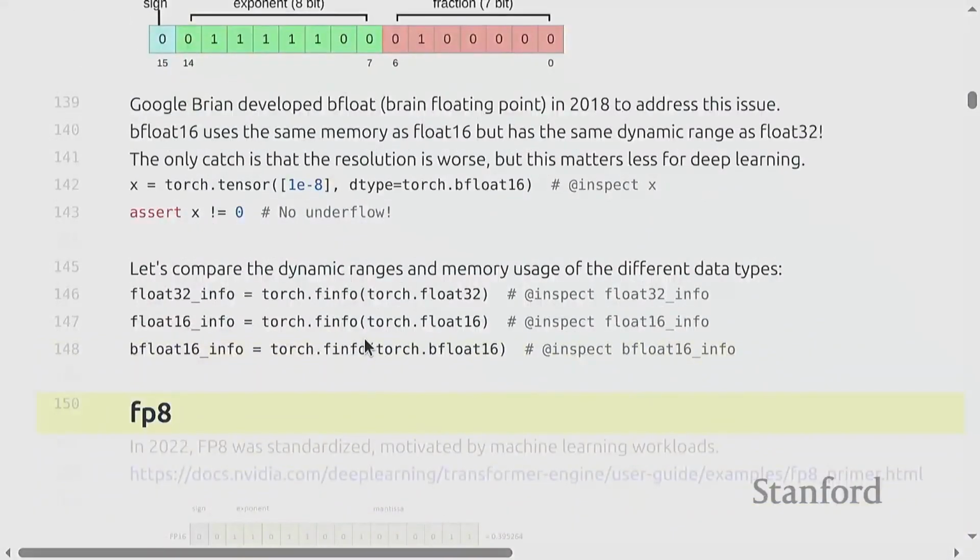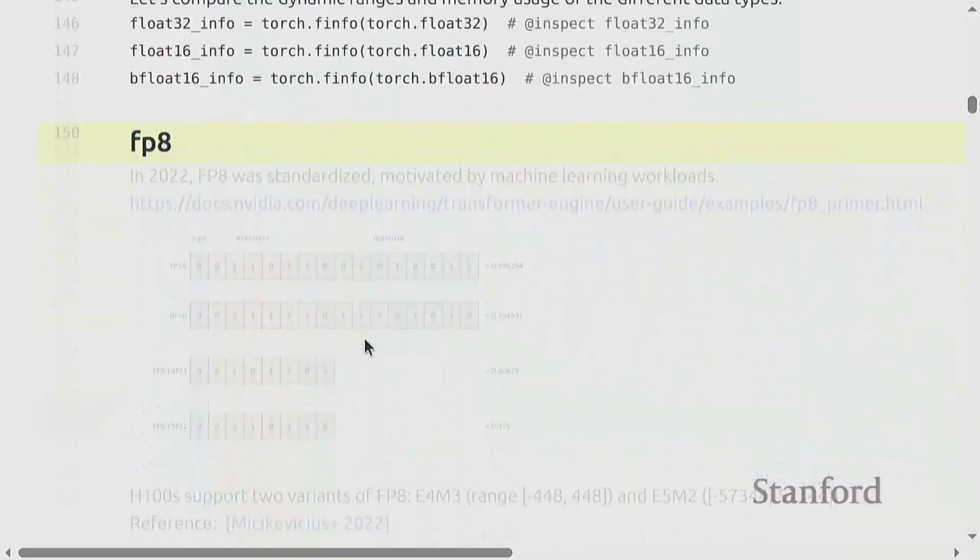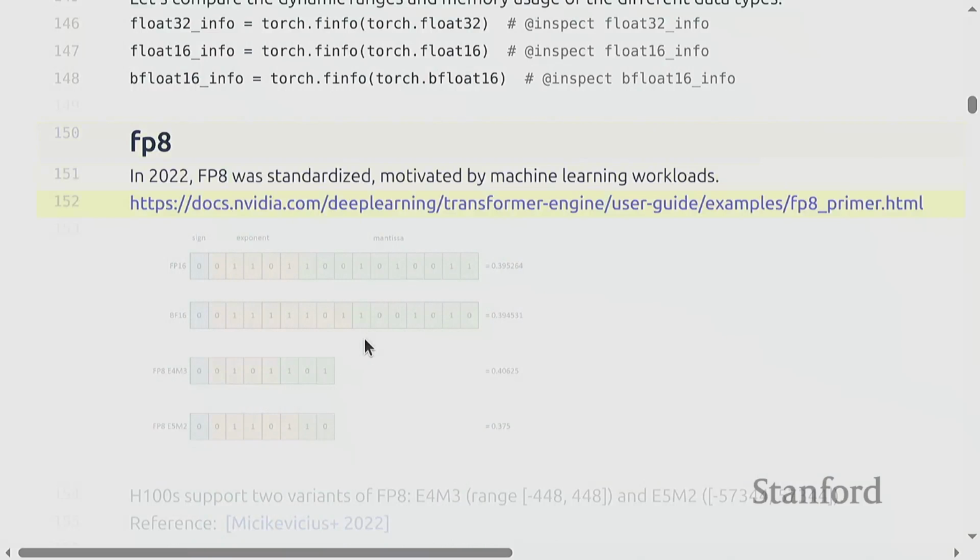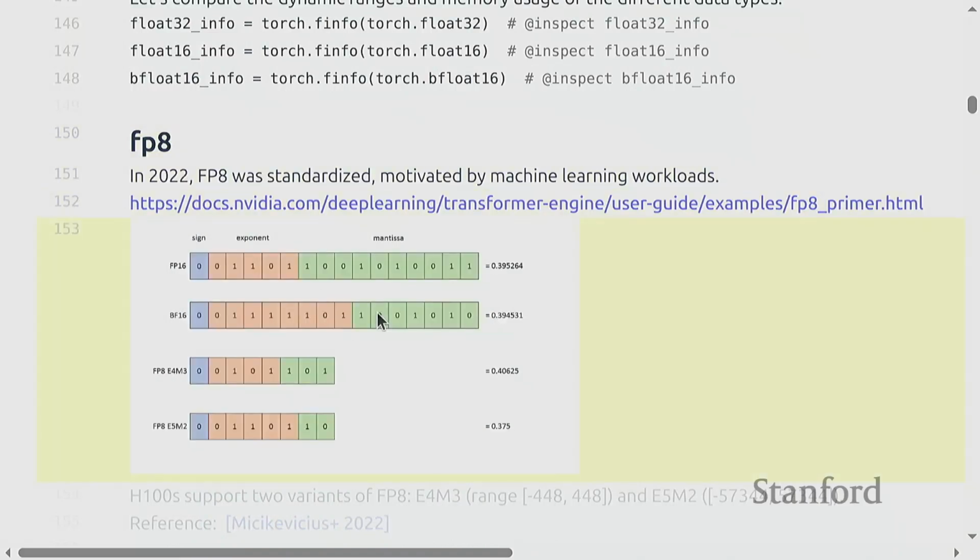So if you're bold, now we have something called FP8, or 8-bit, and as the name suggests, this was developed in 2022 by NVIDIA. If you look at FP8 next to BF16, wow, you really don't have that many bits to store stuff, right?